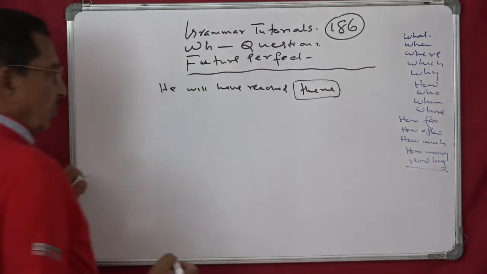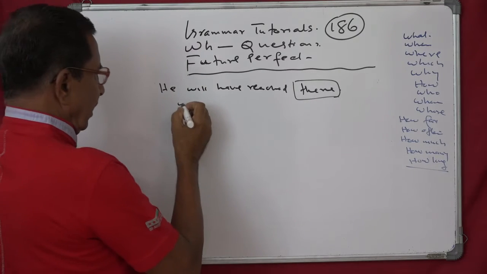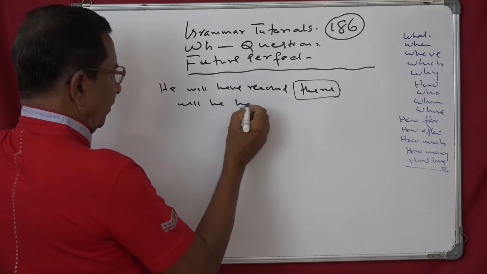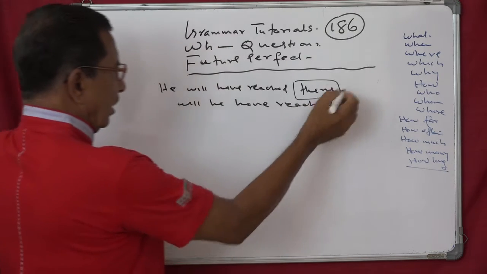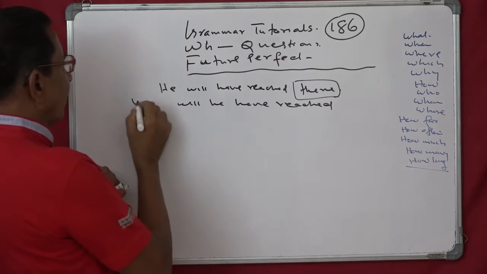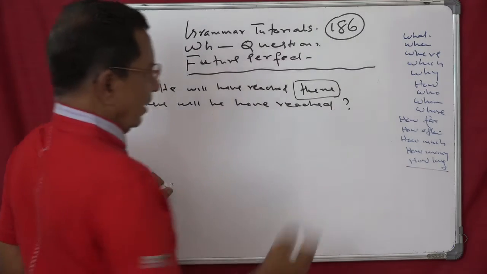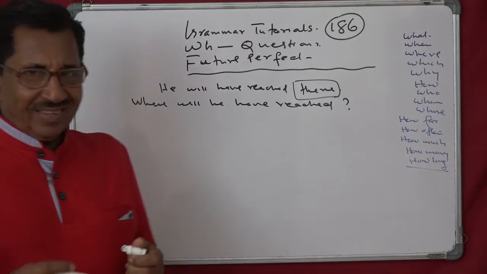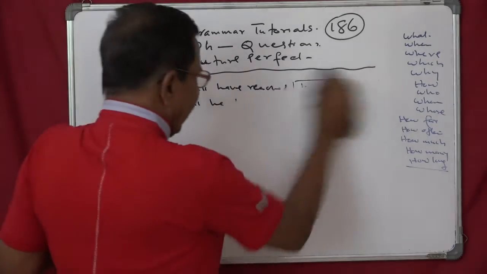So the question word is where. So what will you do? Will he have reached, that is our yes or no. Then instead of there, you say where. So where will he have reached? He will have reached there. Understand? It's simple.